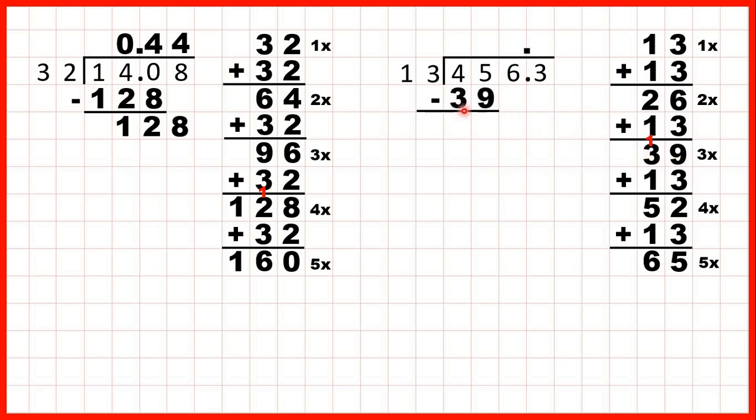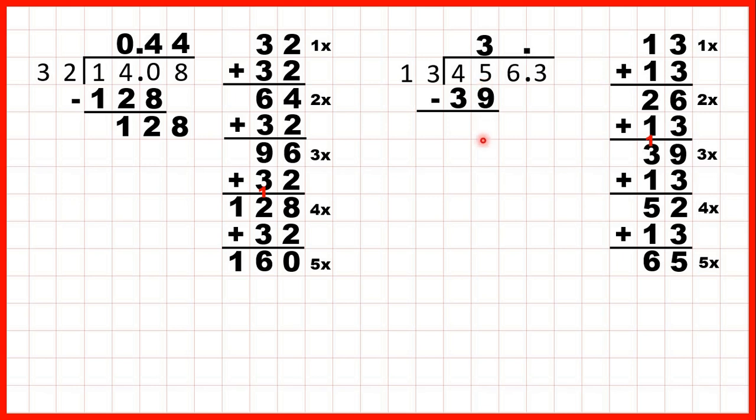So we can write 39 underneath the 45. And because that's 3 times, we can write 3 in our answer line. Again, it's really important that we write the digit above the last digit that we divided. So because we divided 45 by 13, we need to write the 3 above the 5.